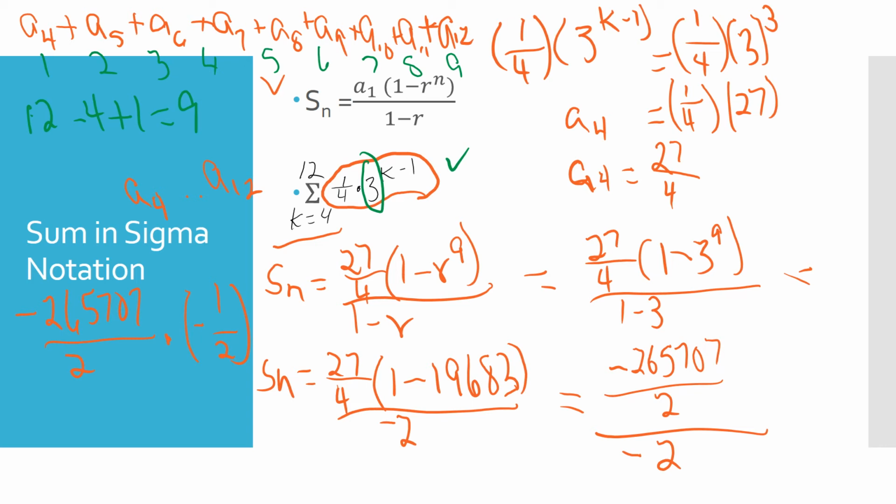All right, let's see what all that does. So that times 1/2 equals 265,707 over 4.